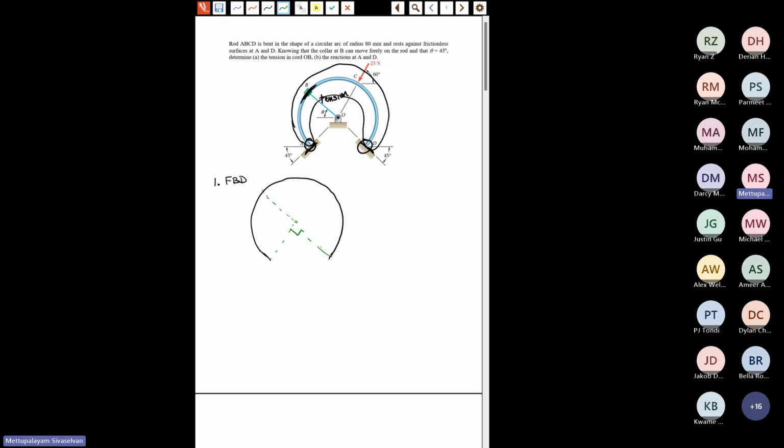What are the forces acting on it? Can somebody use the microphone? What are the forces acting on this free body diagram? Is it on force A or point A? Right, so how many forces are there at point A? An X and a Y. Right, there is an X component and a Y component, but because this is a frictionless surface, there is only the force that is perpendicular to it.